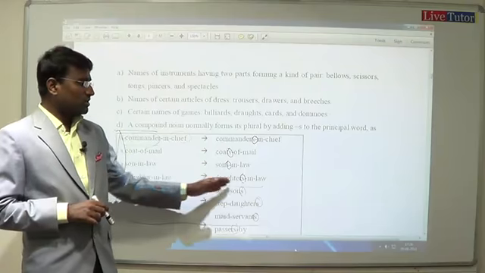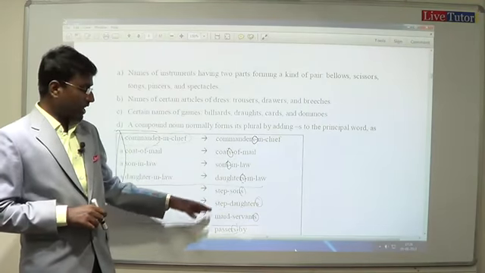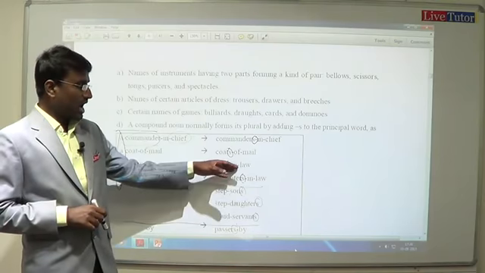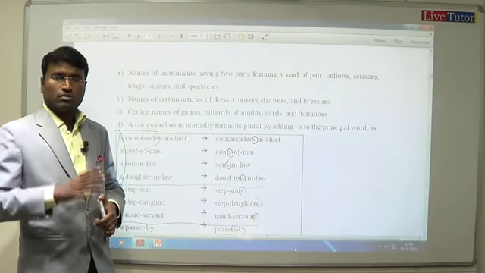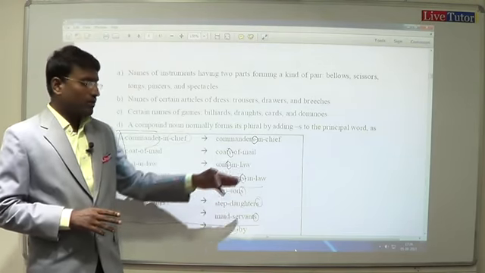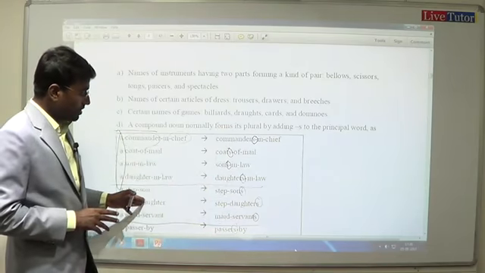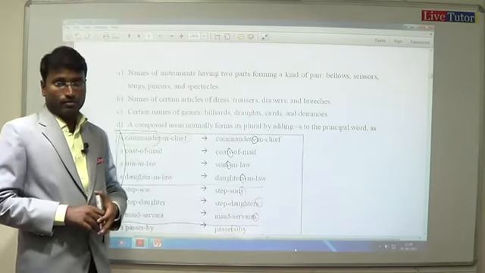Only the noun becomes plural, not the chief or step or maid or law or male. These don't become plural. You are not adding s to all these parts. Instead you are adding s to the noun, especially the common noun.